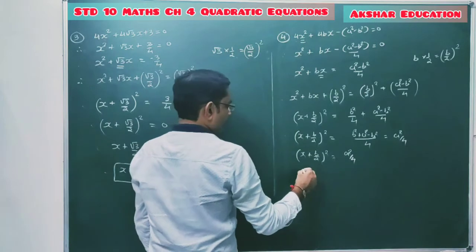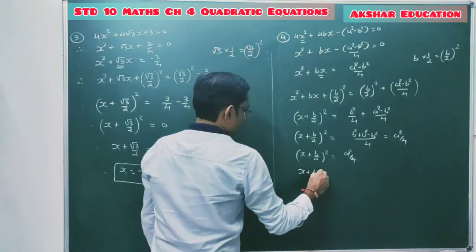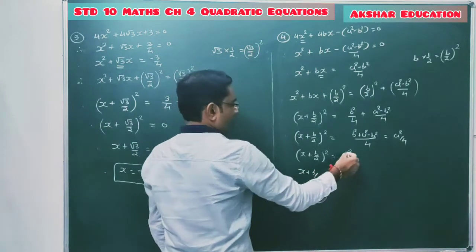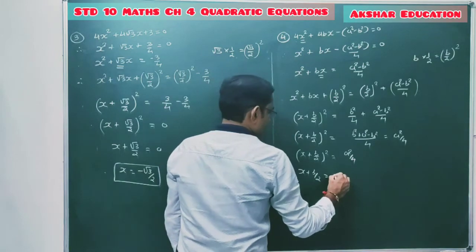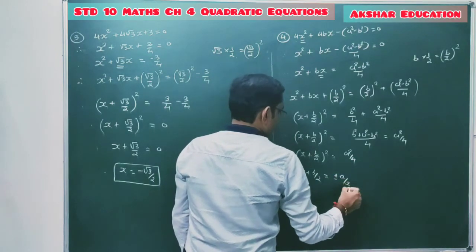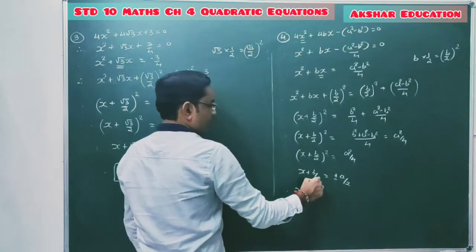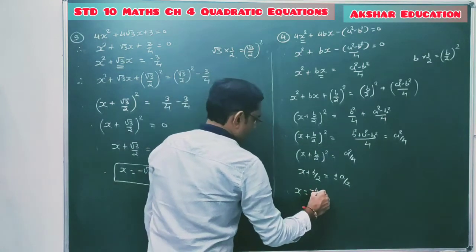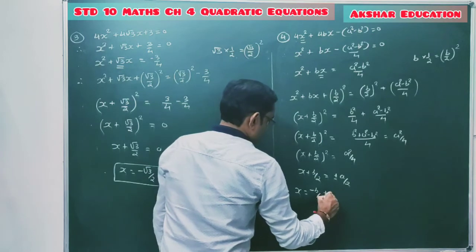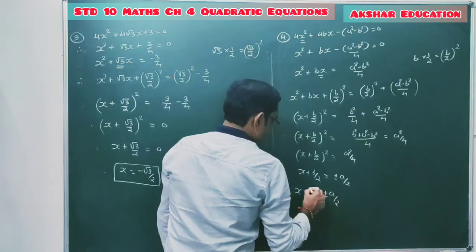Taking square root on both sides, x plus b by 2 equals square root of a square by 4, which is plus or minus a by 2. So our solution is x equal to, taking b by 2 on the right hand side, minus b by 2 plus or minus a by 2.